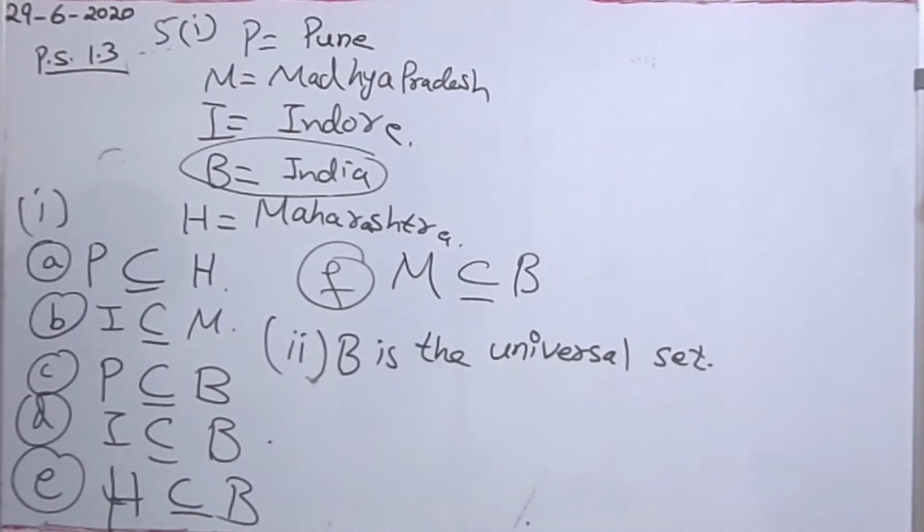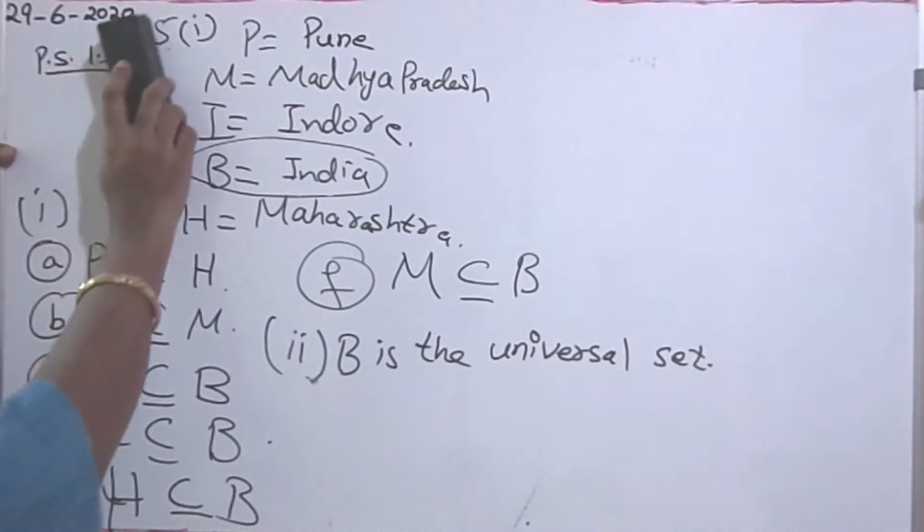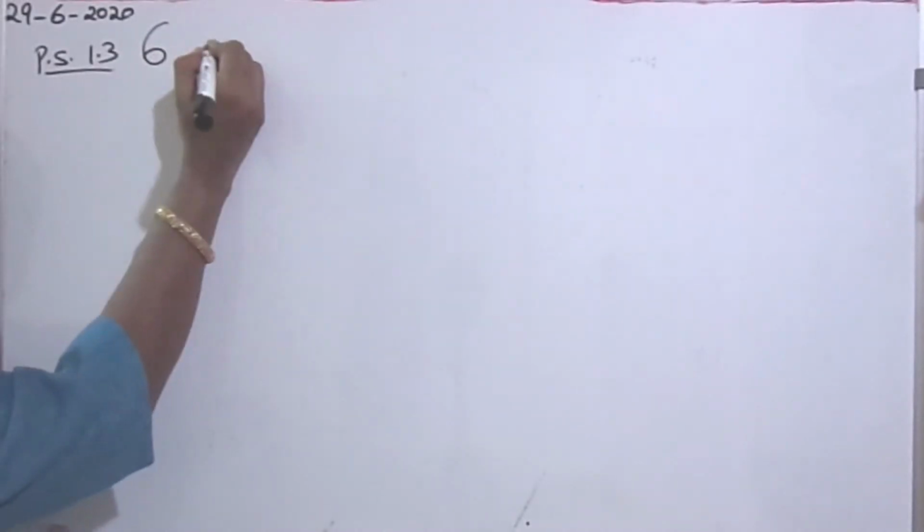So I am going to the second one of question 6. First one is for homework. Do it in your notebook. Question 6, the second sum. P is the set of integers which are multiples of 4.